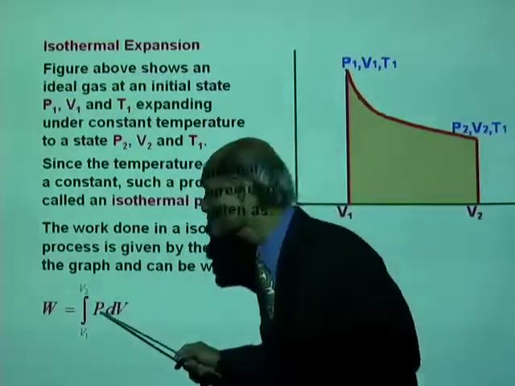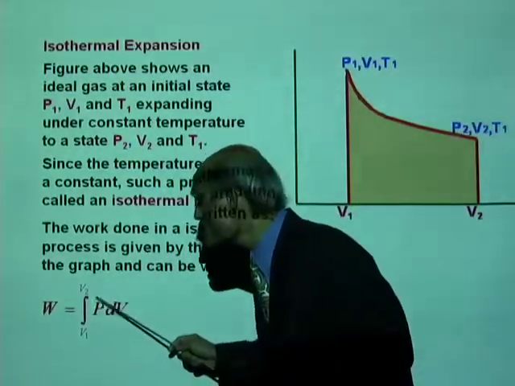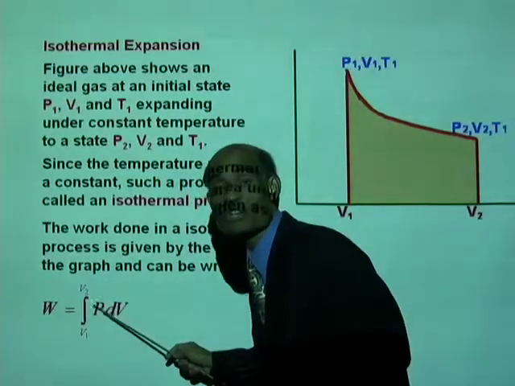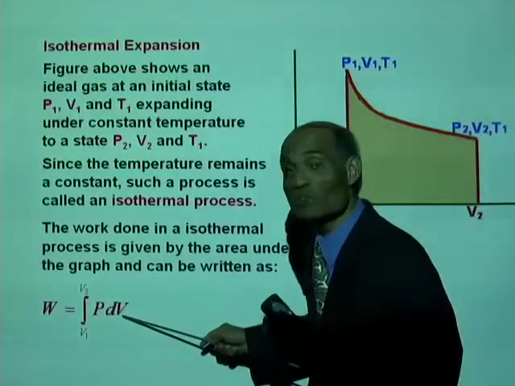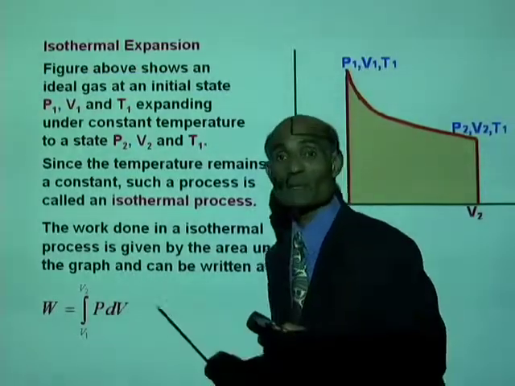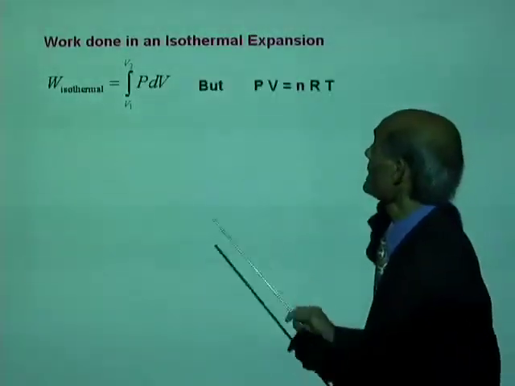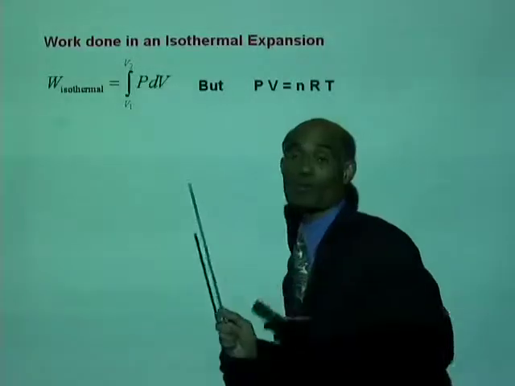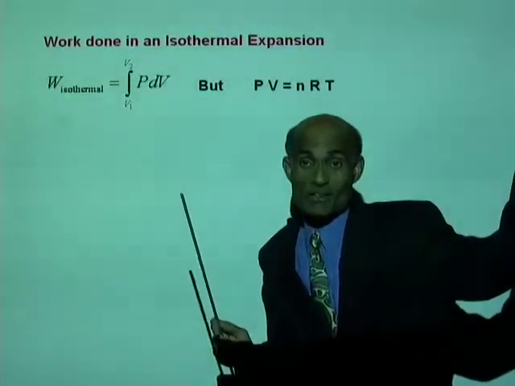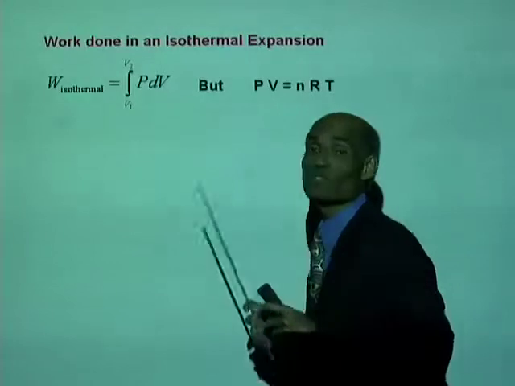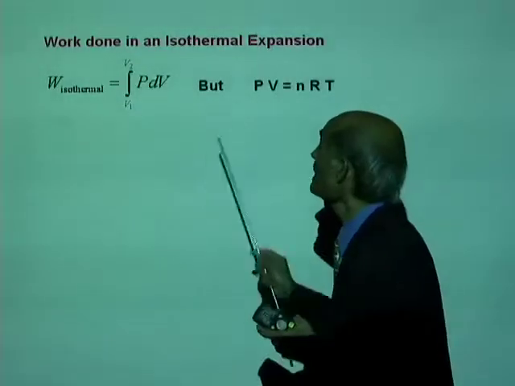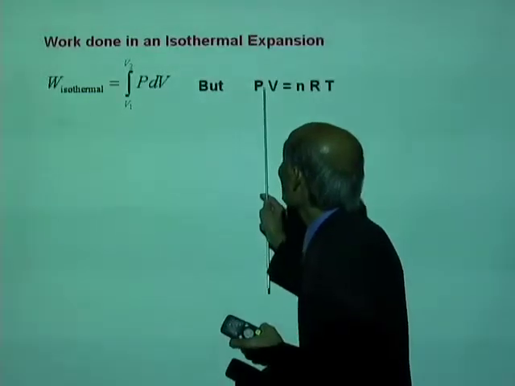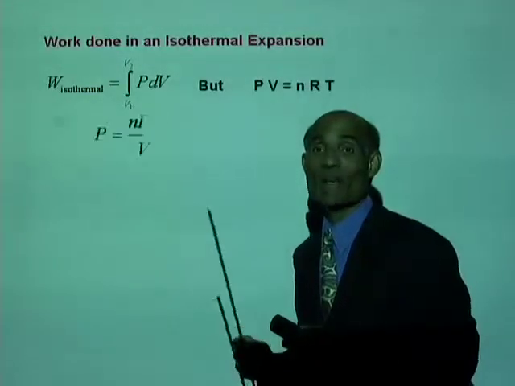So if you want to do this integral, you need to rewrite this pressure in terms of V. Can we do that? All right, let's see. We can go to our savior. You see the gas equation. PV equal to nRT, and we can solve for P from there. What happens?